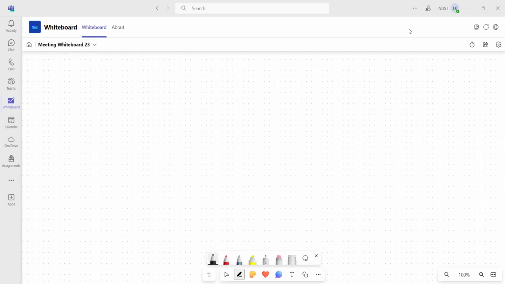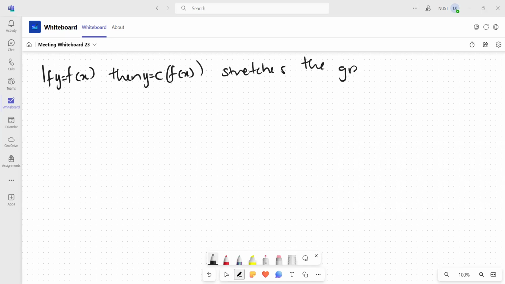Okay, so we say that if y is equal to f of x, then y is equal to c of f of x stretches the graph vertically by a factor of c.